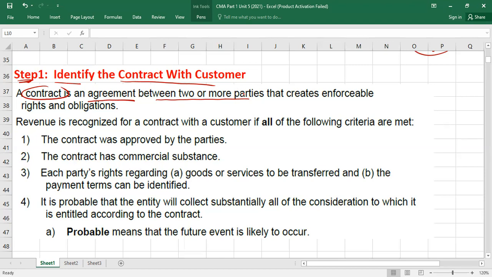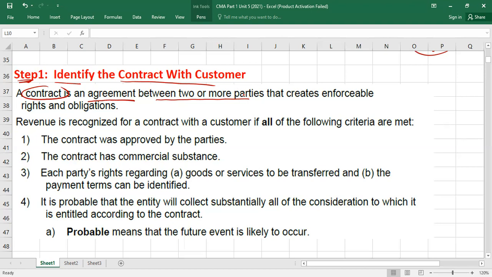First, let me finish this part of the statement. Agreement, it is not necessary that it must be in writing. It could be in writing. Maybe you have signed with someone that what seller is going to sell and how much buyer is going to pay for that. It could be oral also. As I gave you example at start, for the grocery store, when you pick the item, you have to pay the price. And it could be implied also.